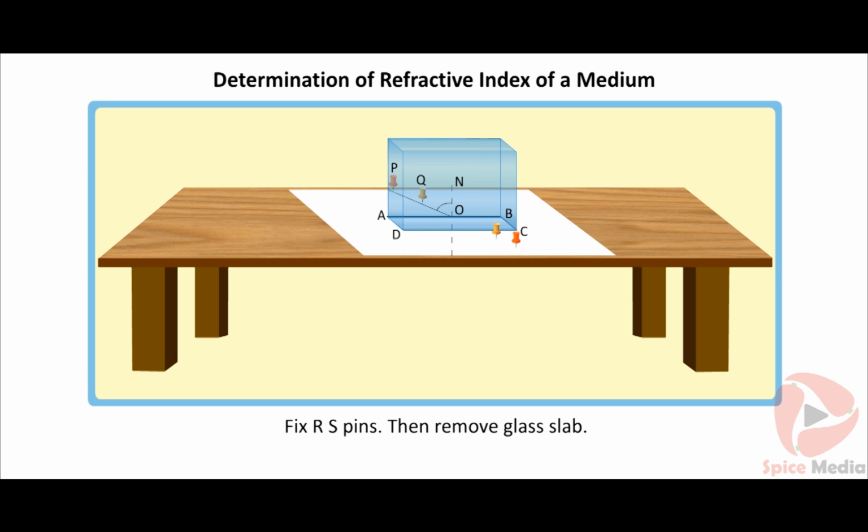Now fix two more pins R and S along the refracted line, so all pins must align in a straight line. Remove the glass slab. Now join RS with O'. Also connect O' and O with a line.